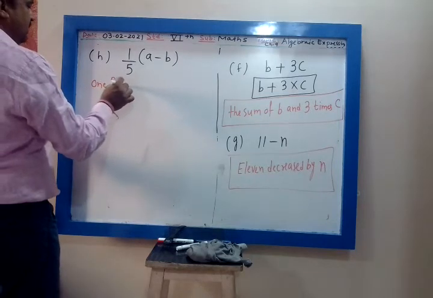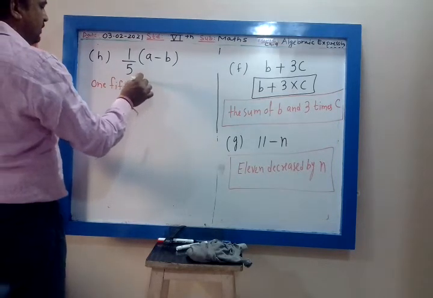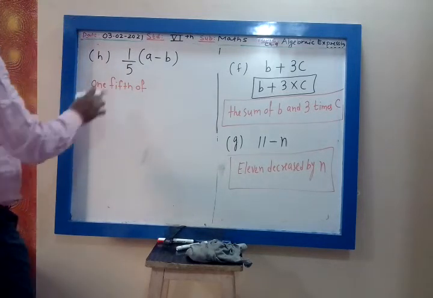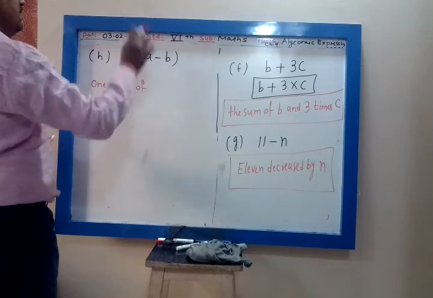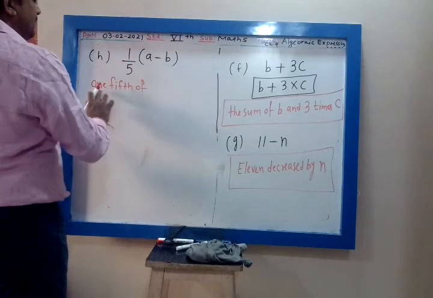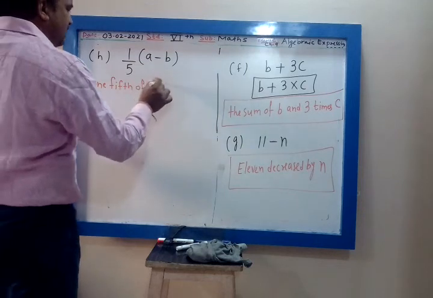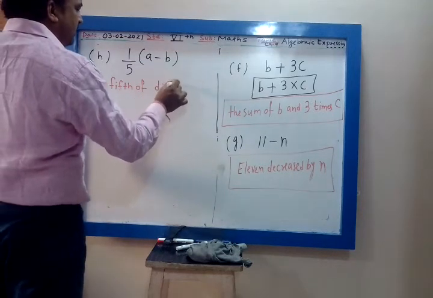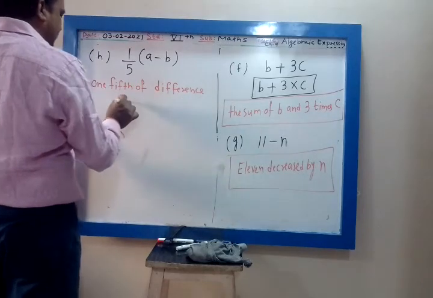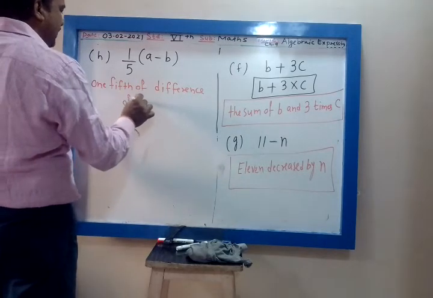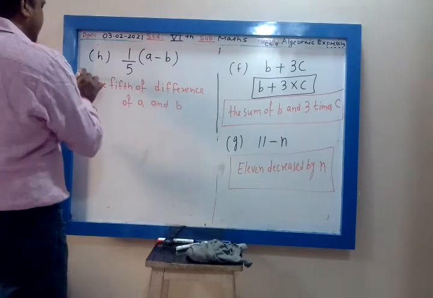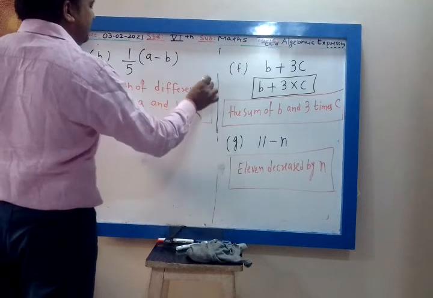1/5 of which number? A minus b. Minus means difference. So 1/5 of the difference of a and b.